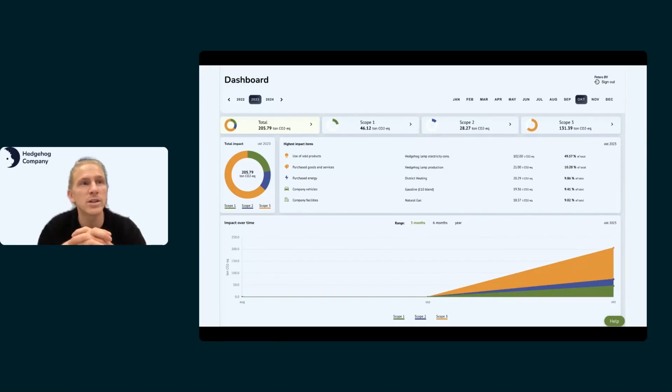How could we lower that? Well, maybe we can switch to LED lights in our Hedgehog night lights, reducing the energy consumption over the lifetime by, let's say, 80%. And then we can put that into our next period's carbon assessment. And you can very easily plan your carbon reduction strategy with these insights.